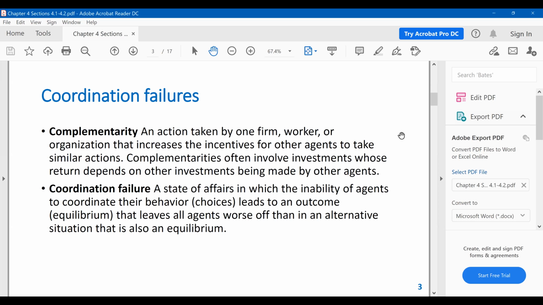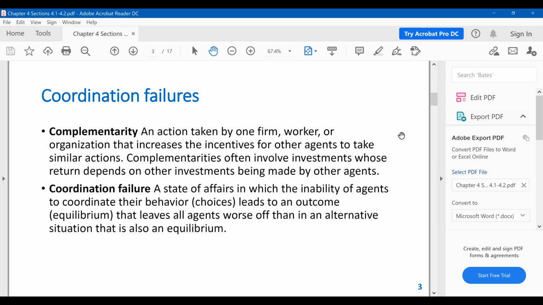Okay, so if a decision maker's decisions affect the incentives of others in the economy or in the society, then we talk about complementarities. Those complementarities could be static or could be dynamic, right?